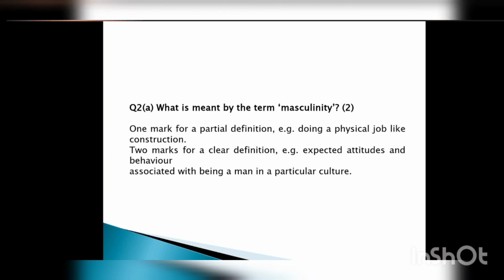And they are expected to have a sympathetic and loving nature, loving attitude, whereas men tend to be, you can say, more aggressive, and they tend to be risk takers. So this is what the question is basically demanding you to write. It's not just about the job that males do, it's also about their attitudes and the behavior.